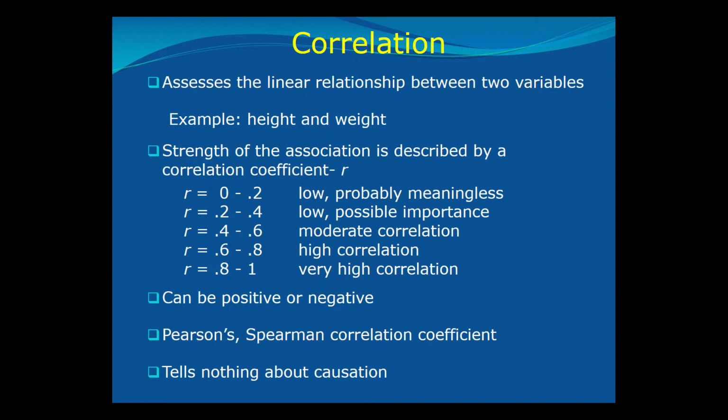Correlational analysis consists of two steps. The first step is to calculate the correlation coefficient. We denote the correlation coefficient by the Latin letter R, and we use it to estimate the strength of this association between two variables such as height and weight.